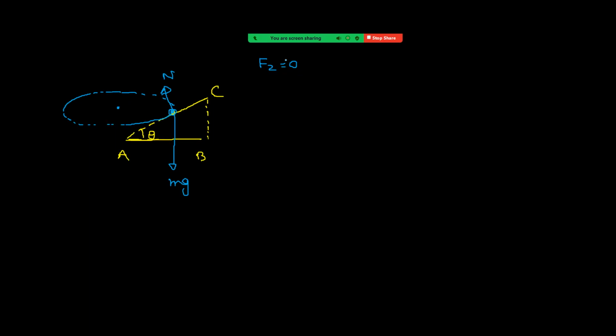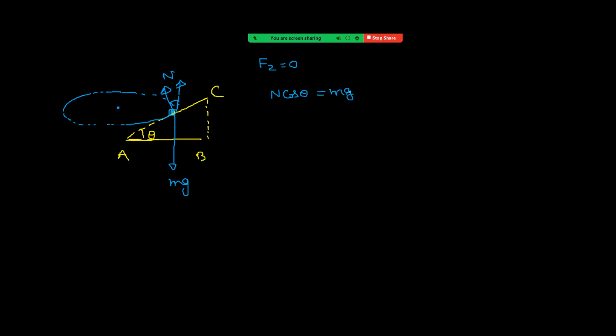That's why Fz equals 0. Therefore, one component of normal reaction has to balance the gravitational force. So here, this is theta, this also is theta, normal to the incline. This is normal to the horizontal, N cos theta. So one component of normal reaction is balancing mg.